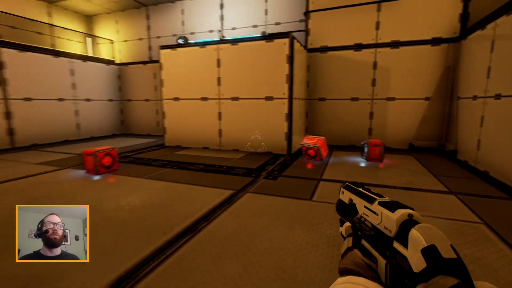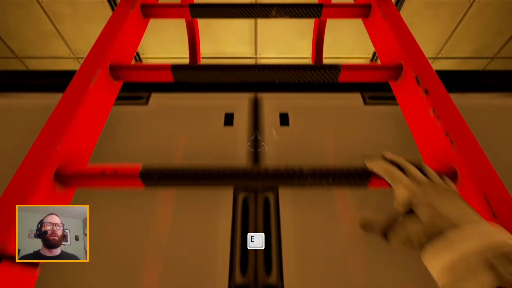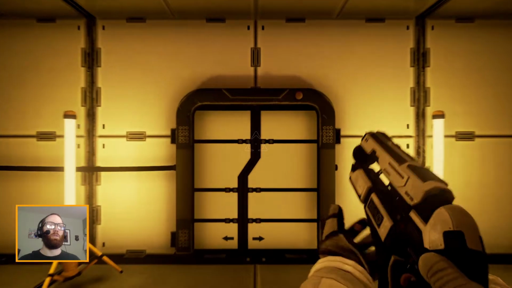I don't know what to do with this. I feel like these rooms are not solvable, but then maybe they are, they're just really hard.